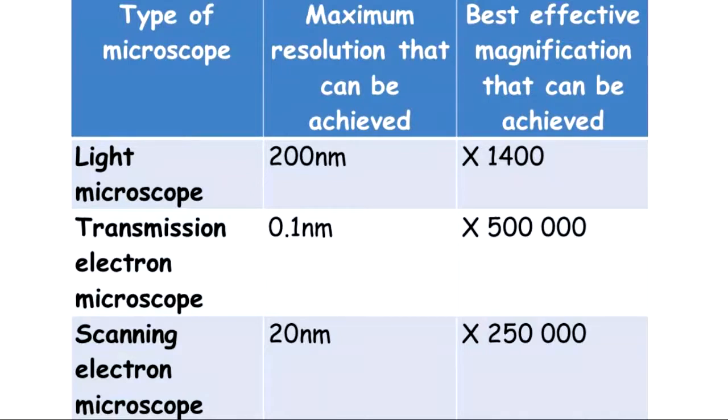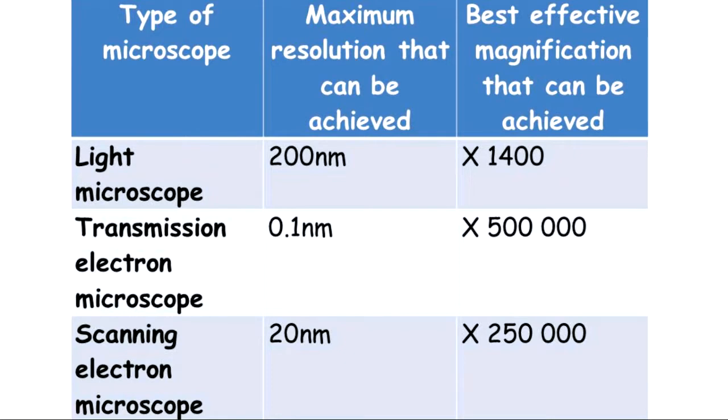So type of microscope, maximum resolution and the best effective magnification that can be achieved. So light microscope, 200 nm is the maximum resolution, but the best effective magnification that can be achieved is 1400.